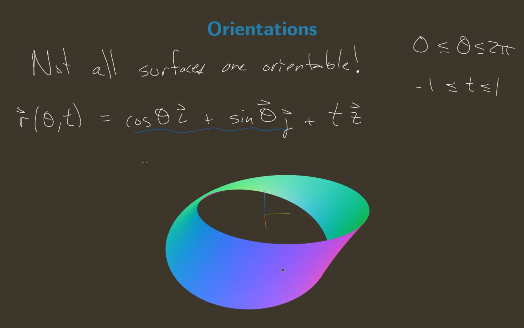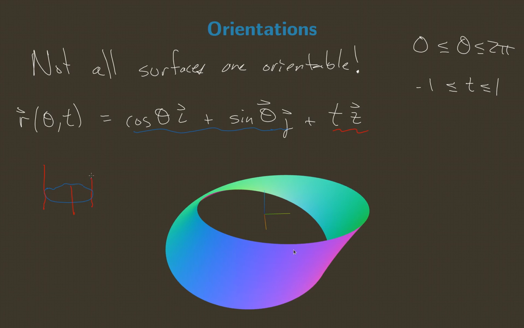So this part is just giving you a circle. Now the z part, we're going around the circle and drawing a straight line at every point. So this gives you a cylinder.